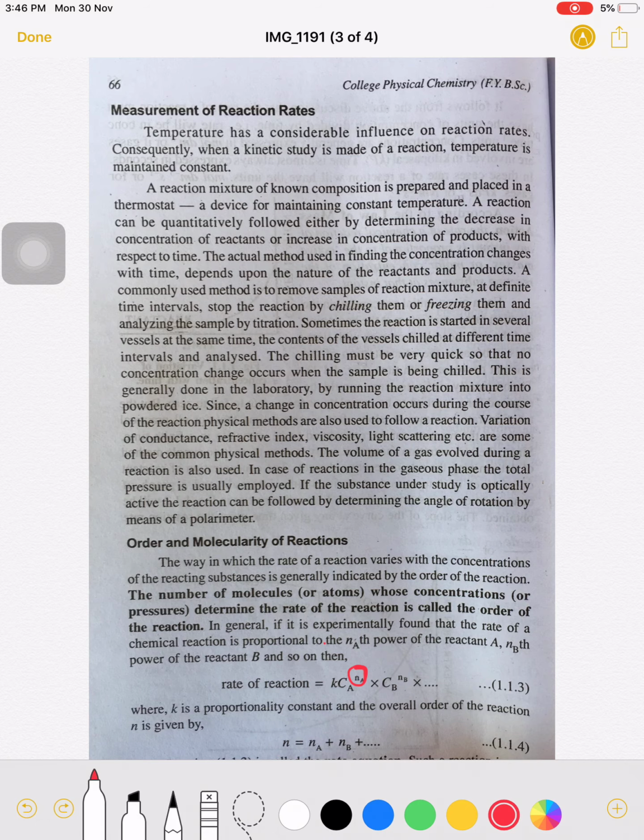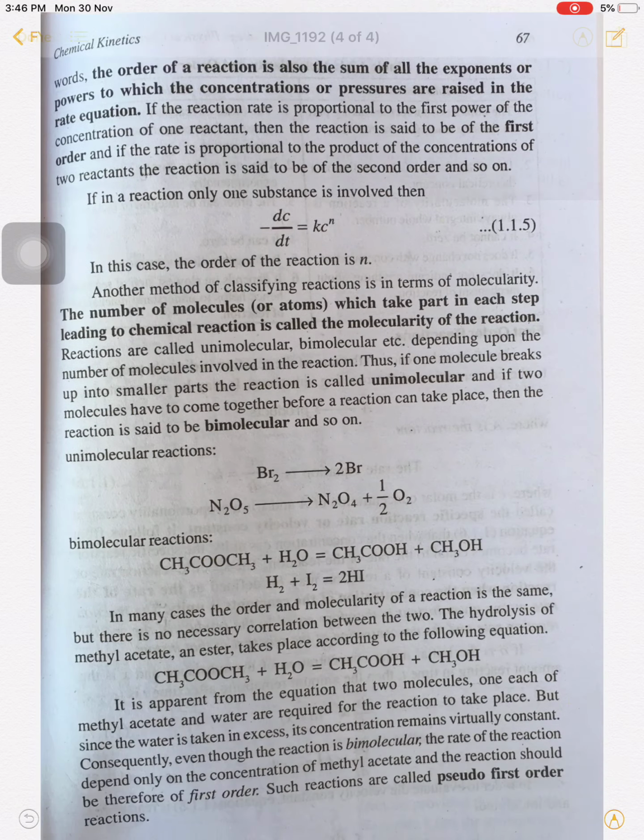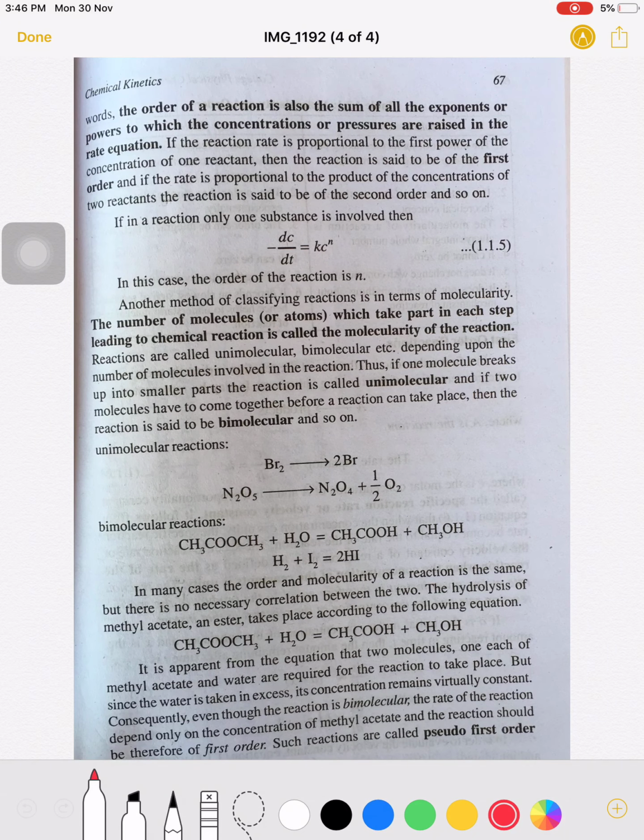So the order of reaction is the sum of all the exponents or powers to which the concentration or pressure are raised in the rate equation. In the rate equation, the powers of concentration or pressure are added, and that number gives you the order of reaction.